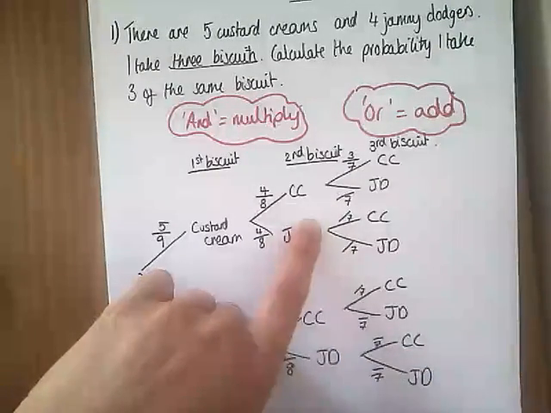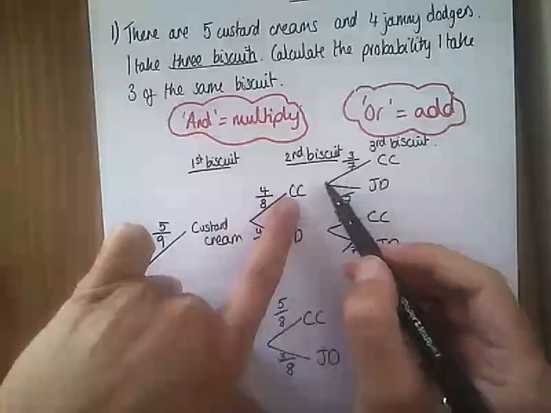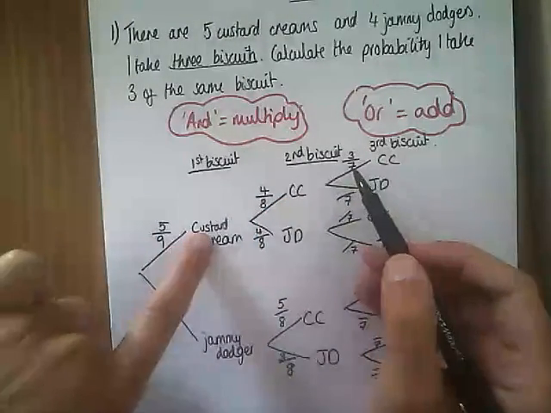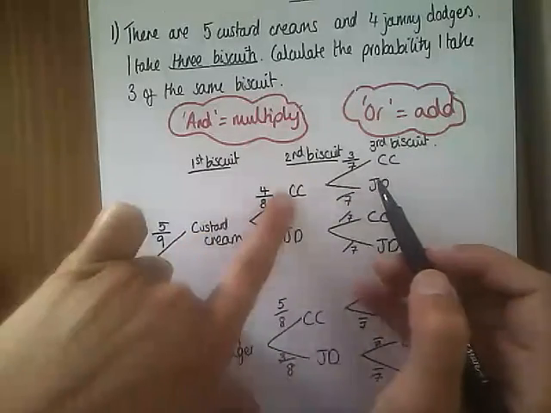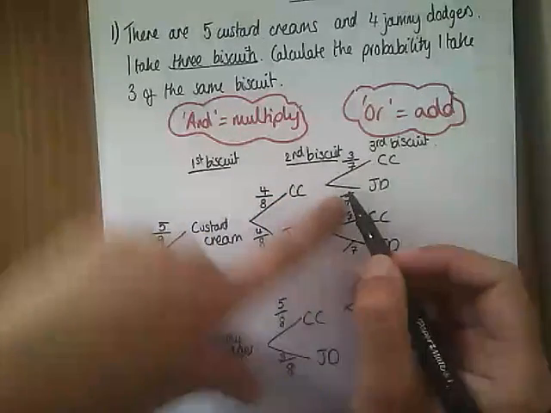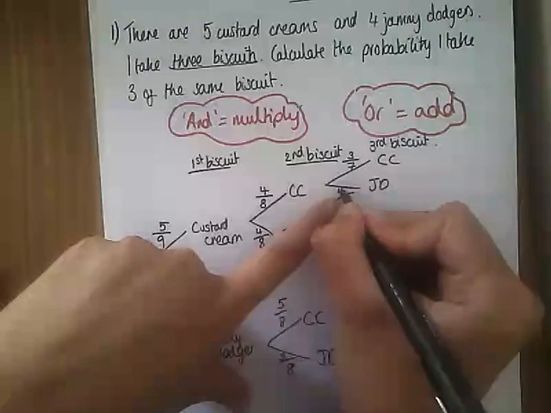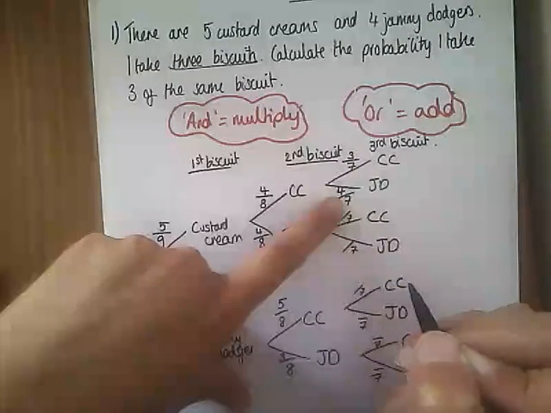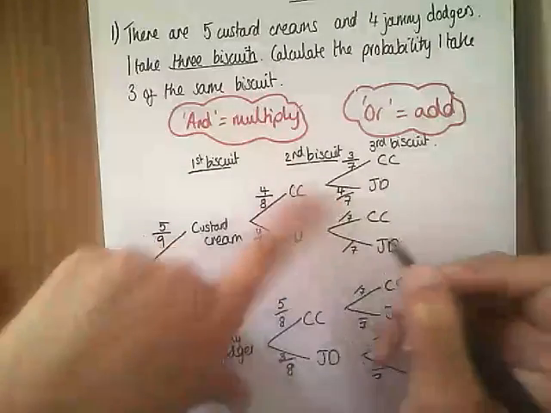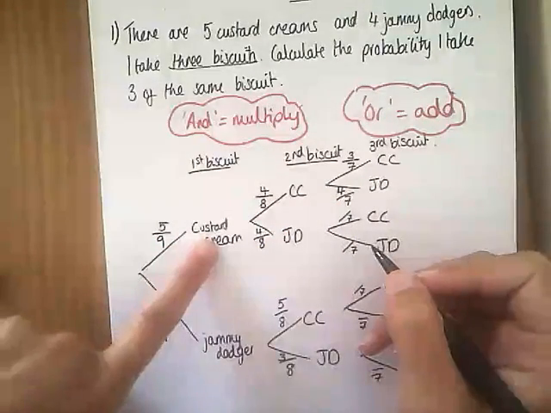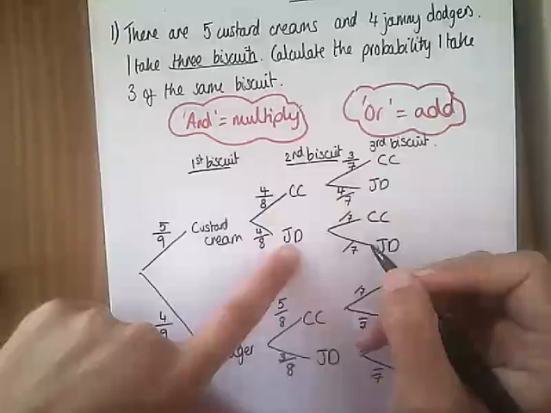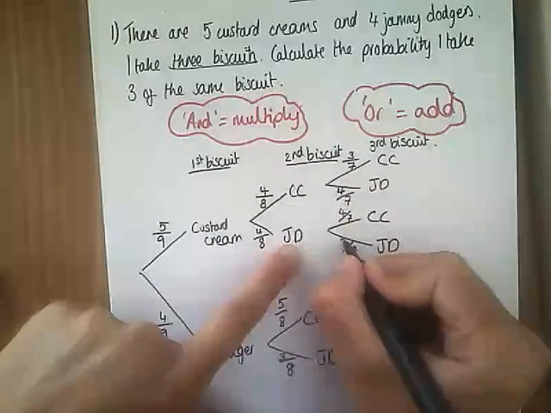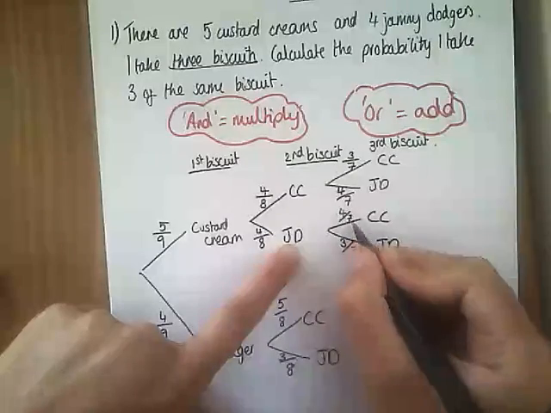There's going to still be the original amount of jammy dodgers, 4 jammy dodgers left, because I haven't taken any jammy dodgers. Then if I take a custard cream to start with and then a jammy dodger, I've got 1 fewer custard cream and 1 fewer jammy dodger. So that's 4 sevenths and 3 sevenths.